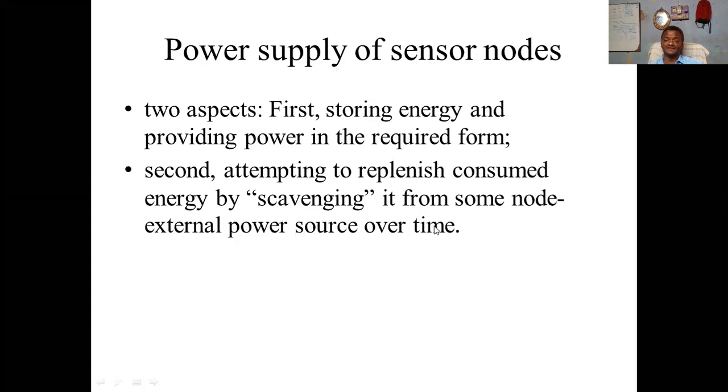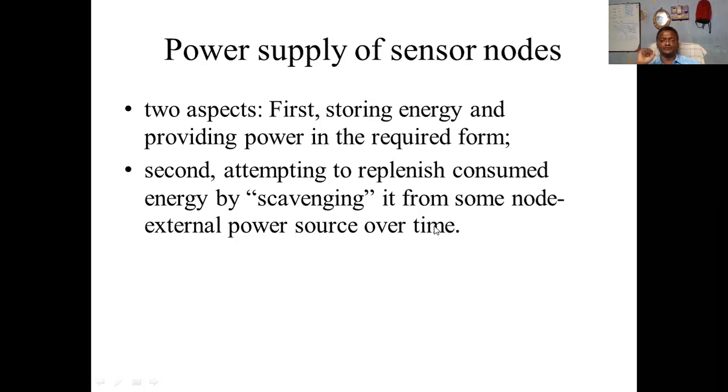The second one is, suppose your energy is being lost, but I want to fulfill that lost energy from an external energy source. That is called scavenging, or scavenging batteries. What is scavenging? It extracts energy from outside to make up the loss, so that it is full every time.